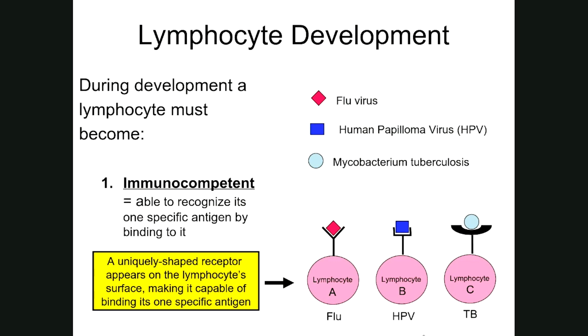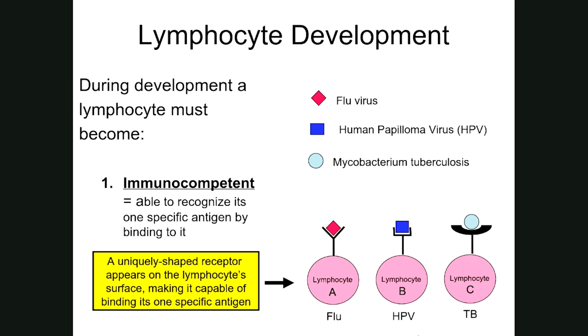If we did not have a receptor for a certain substance, that would mean that we would be unable to hit it. We wouldn't have any cells that are immunocompetent to it, and that means that we can't have any type of a reaction to it. That's why it's always concerning anytime there's a swine flu or a bird flu, because what that means is this is a strain of the flu that developed in another species and jumped to humans.